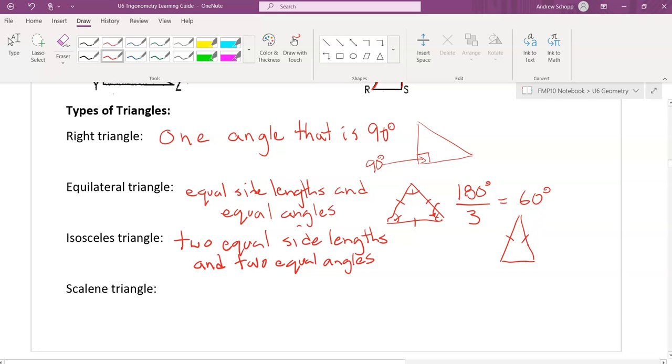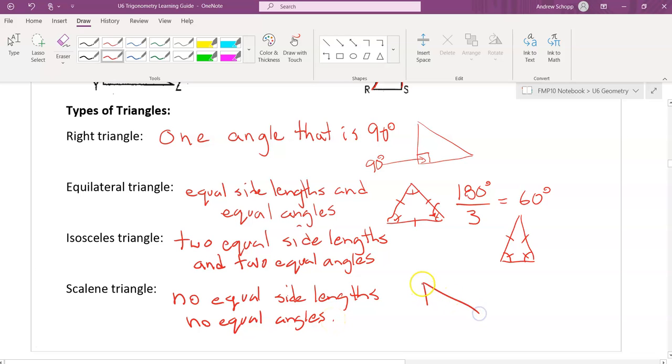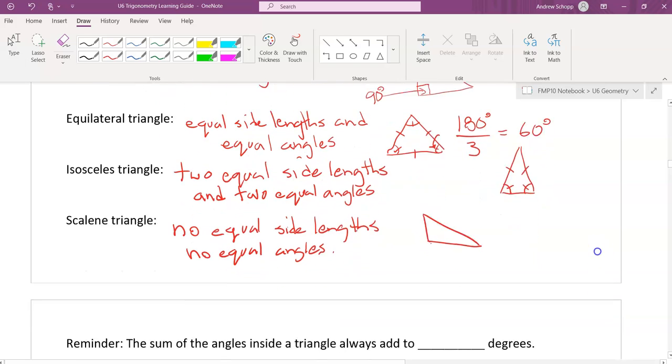These two sides are equal, and if we know those two sides are equal, then these two angles will also be equal. And last but not least, a scalene triangle has no equal side lengths and no equal angles. Something like that.